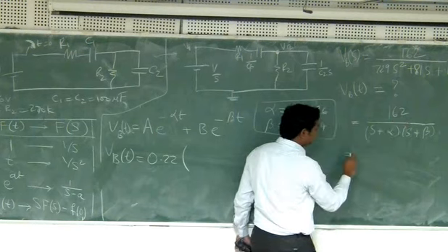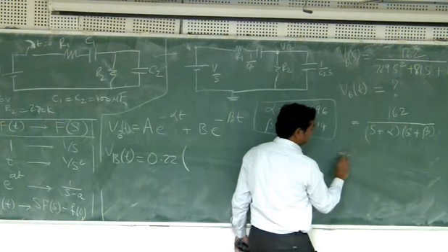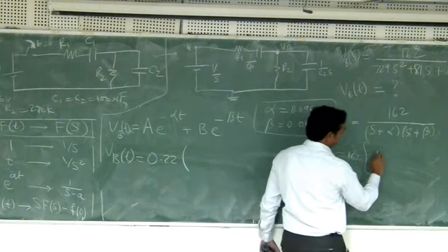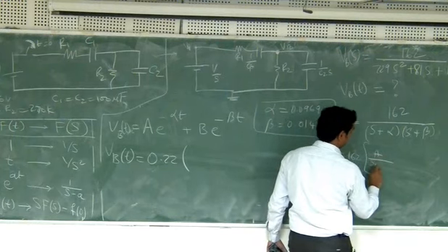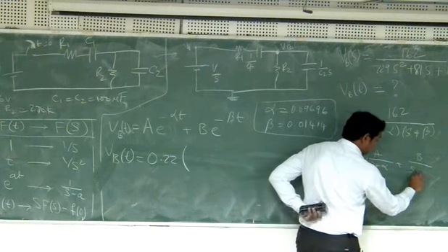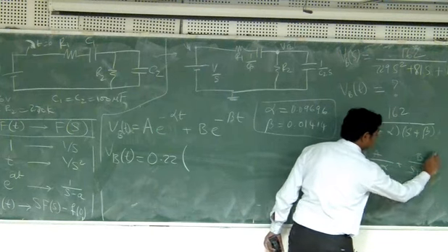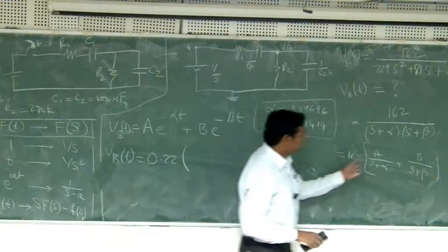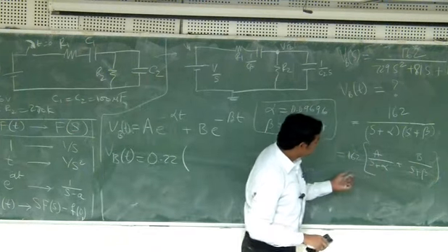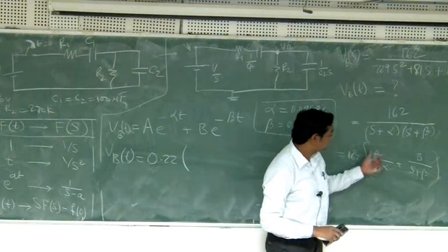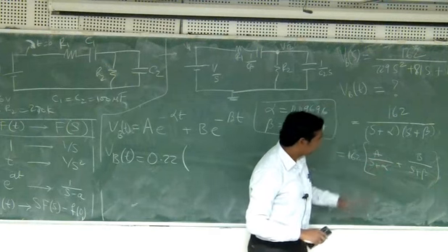In fact, I can take 162 common and then only worry about 162 into A by, so what is A and what is B, I have to find out. If you substitute S equal to minus alpha, then this term will cancel, something like that.